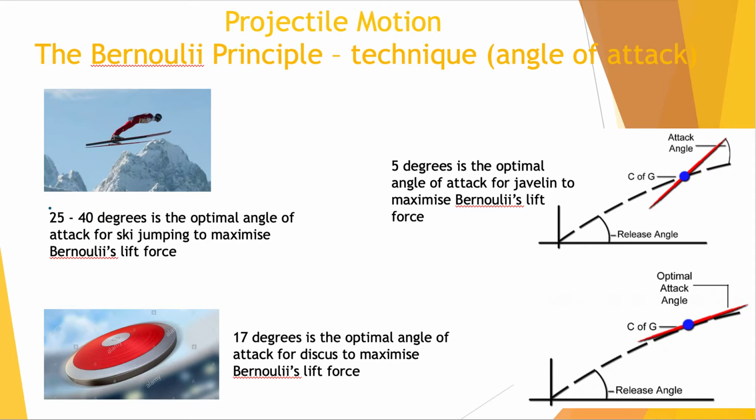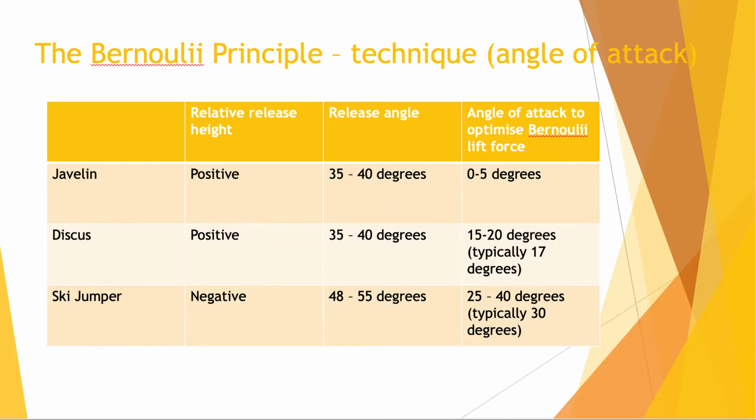And here we've got a large window due to the fact that there are much more variables in flight acting on the ski jumper. Okay, so this is just an idea about the fact that we've still got our angle of release and then our angle of attack.